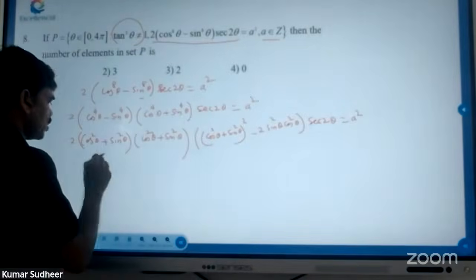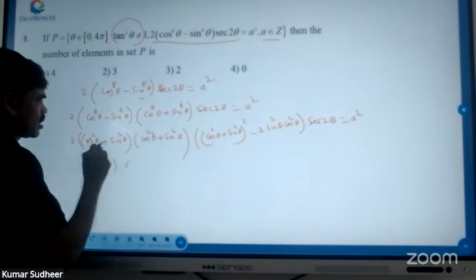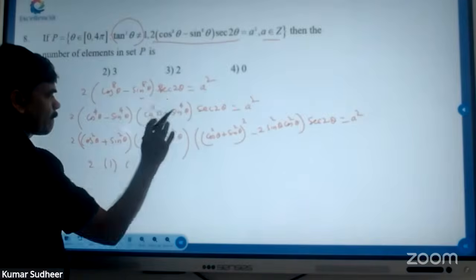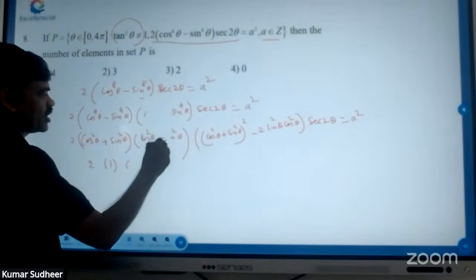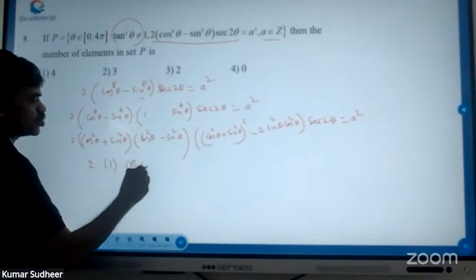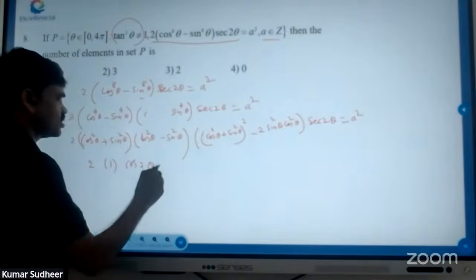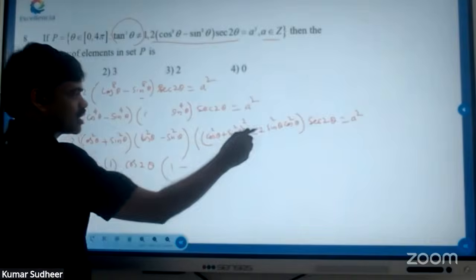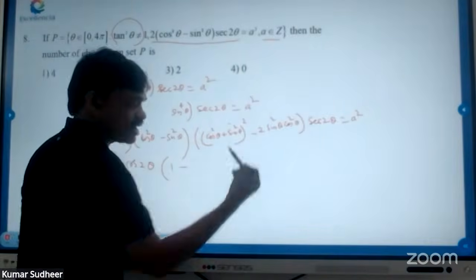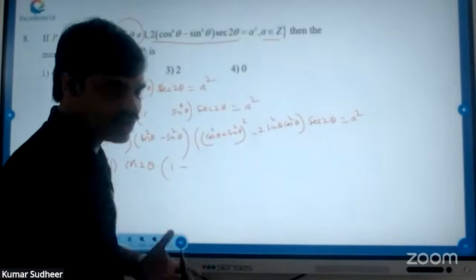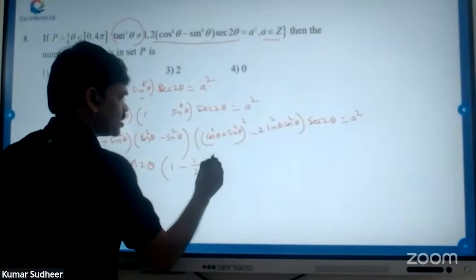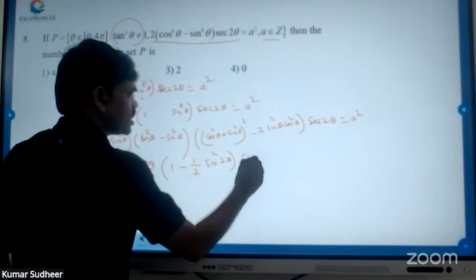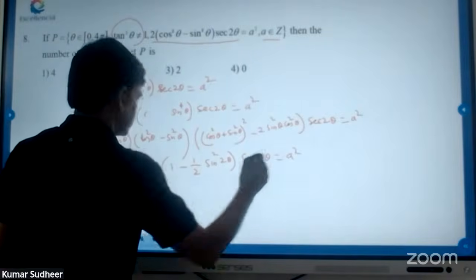From here, cos squared theta plus sin squared theta is nothing but 1, and cos squared theta minus sin squared theta becomes cos 2 theta. Let us solve this. This is nothing but 1 minus, we know that 2 sin theta cos theta is nothing but sin 2 theta, so if I multiply and divide by 2, I get 1 minus 1 by 2 sin squared 2 theta, into secant 2 theta, equal to a squared.